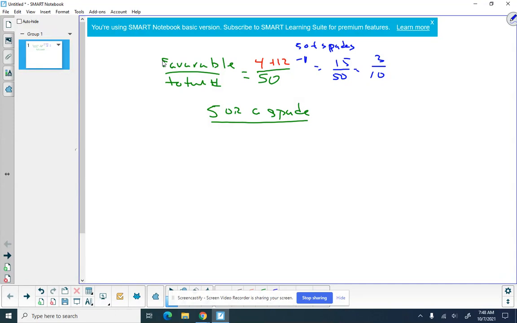If you just go 4 plus the 12, what you're doing is counting the 5 of spades twice, which is incorrect. So you have to make sure that you eliminate that 1, the 5 of spades. Or you can go, I got 4 5s, and then I got 11 other spades that are not the 5 of spades.